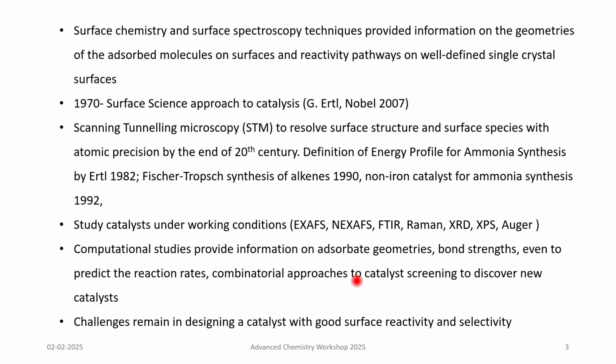Computationally you can look at different options, choose the best one, and then test it in the lab. So those kinds of approaches are also there currently. That is essentially to discover new catalysts by saving time. Okay. All these things happened in the last 200 years.